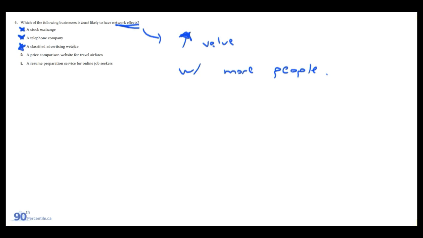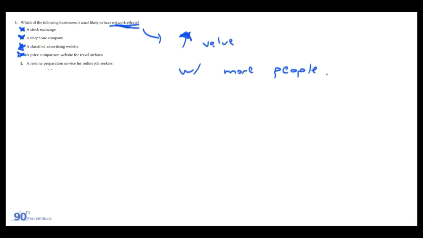So you need, once again, a market with a lot of people. A price comparison website for travel airfares? No, because they're comparing prices across a bunch of different websites or travel agents, whatever. So they need the network effect to have effective price comparisons.